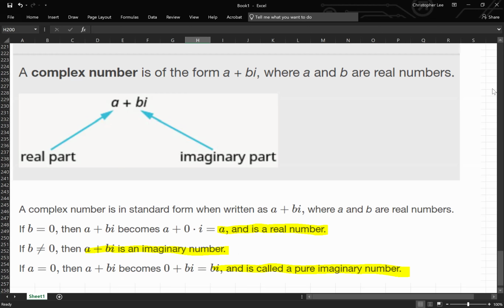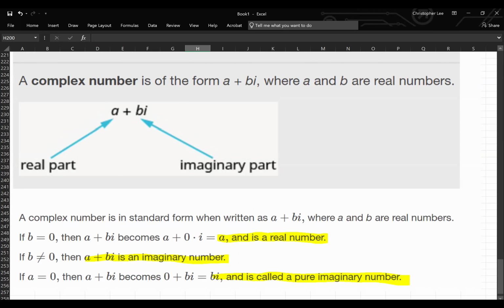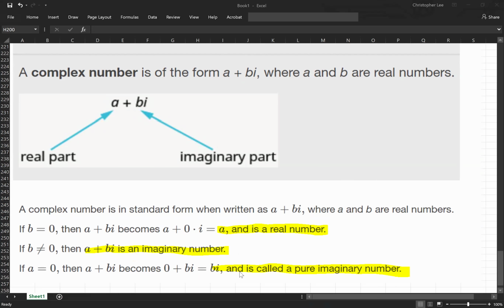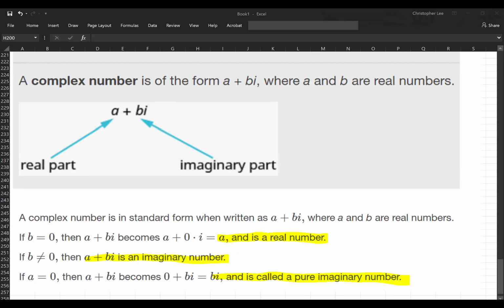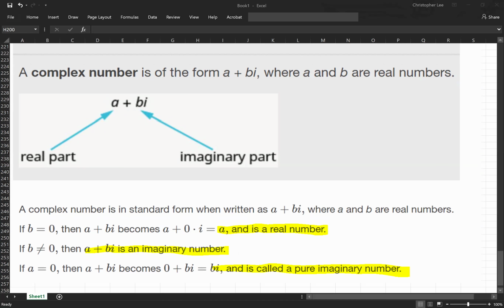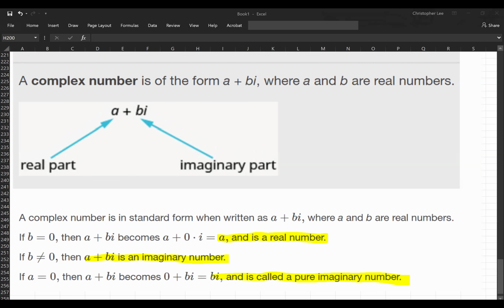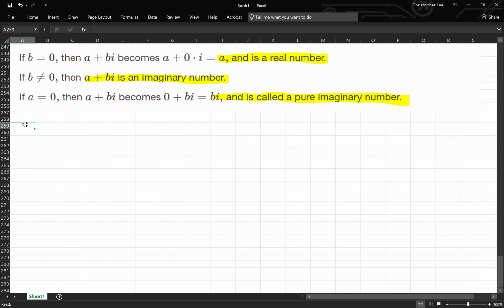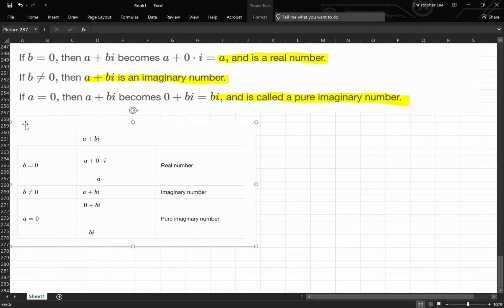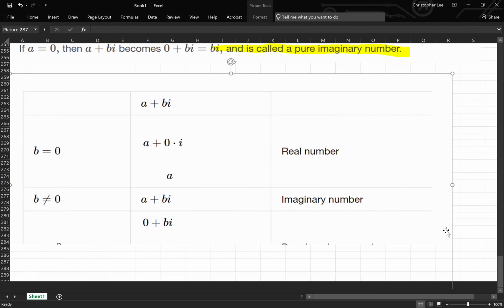Those always be in the a plus bi form. Just to recap, right?